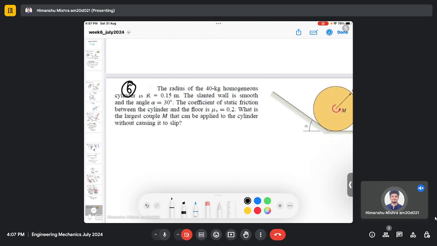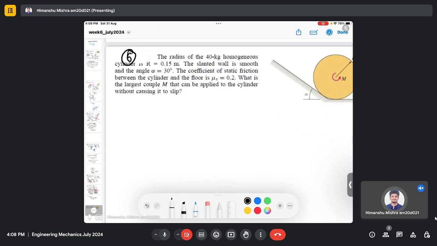So without causing it to slip, this indicates that the system is in equilibrium again, and we need to use the equilibrium equations. So first, as usual, we will make the free body diagram considering the friction force. And this is just a rough schematic.